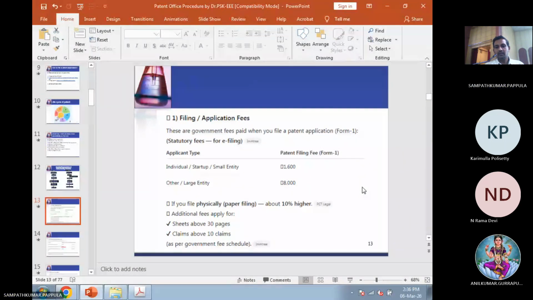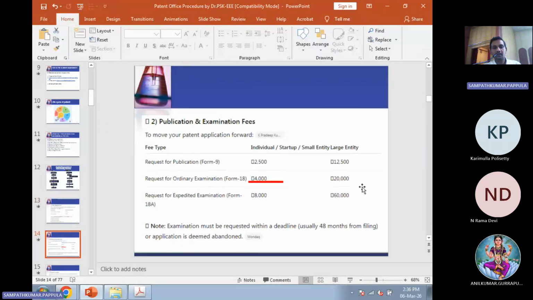Right? So here is the request for ordinary examination, we are doing this one only, from the student point of view. For request for ordinary examination, you need to fill up Form 18, and for the individual startup the amount is 4000. With GST you will get 4100 only.